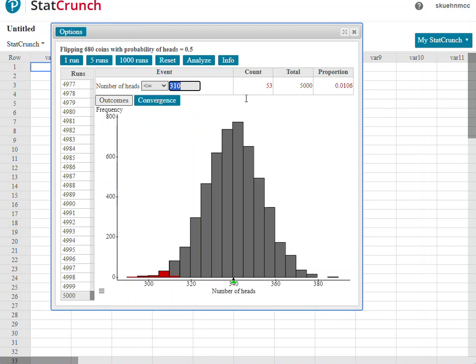You can see that that only happened 53 out of 5,000 times. So, in other words, 53 divided by 5,000 ends up being 0.01. And we know from previous experience that 0.01 is, in fact, the probability or the proportion of times of getting our sample or less.